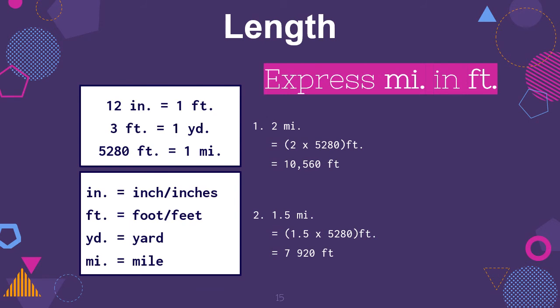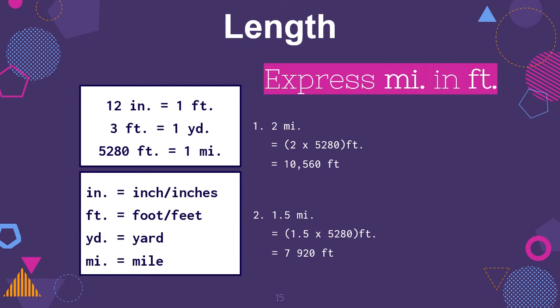Next, convert MI, or miles, into feet. So we have 2 miles multiplied by 5,280 feet, since 1 mile is equal to 5,280 feet. So 2 multiplied by 5,280, we have 10,560 feet.